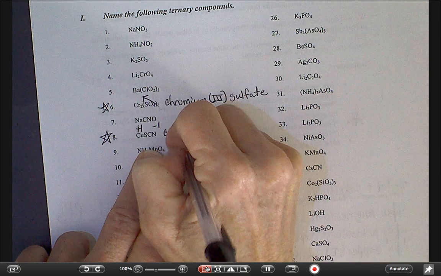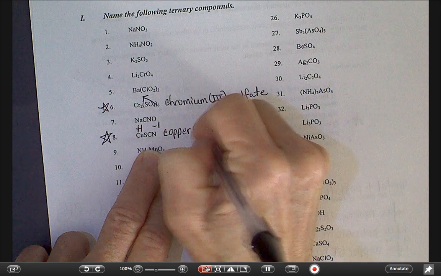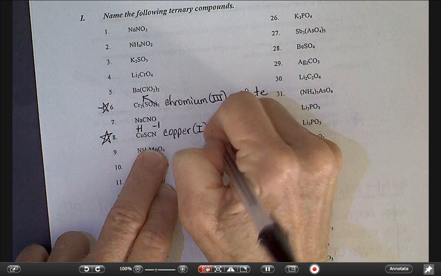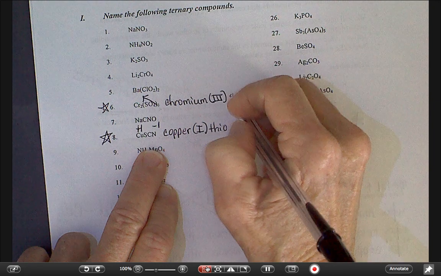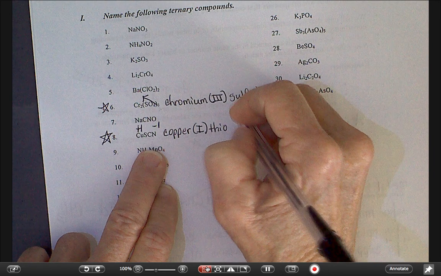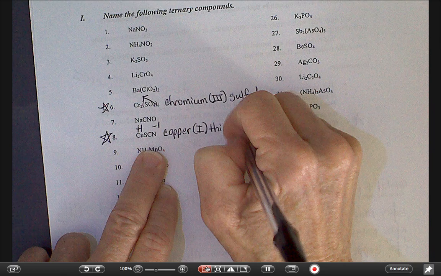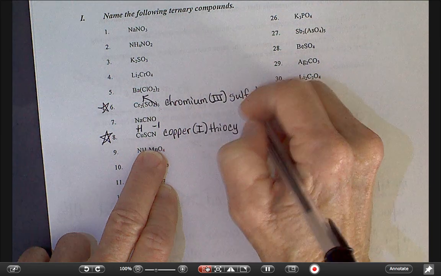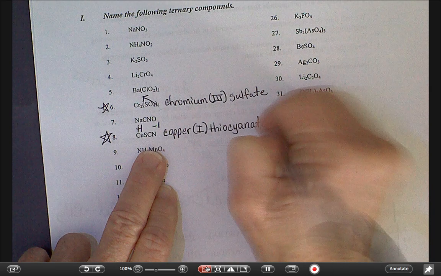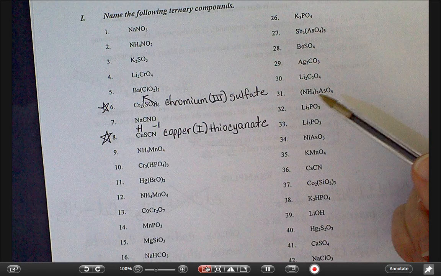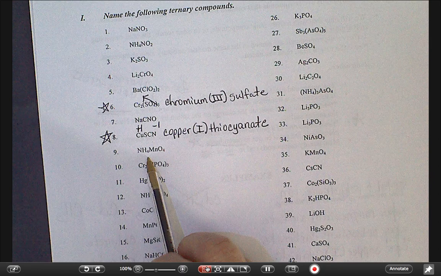So it's copper Roman numeral 1, thiocyanate. Look right here.